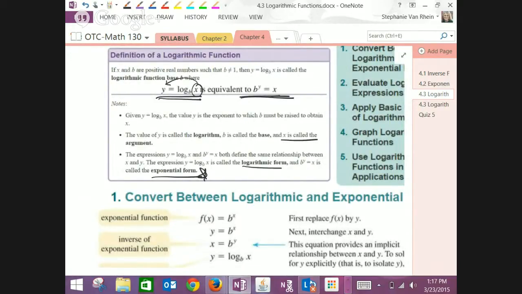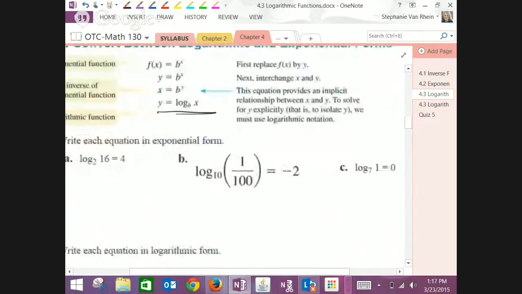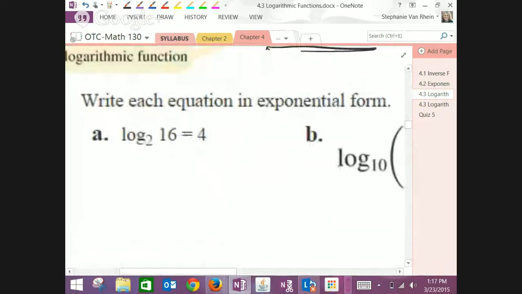The converting, they try to show you this by replacing it. Some books teach you to memorize X and Y and then flip them. I like to just think: log base 2 of 16 equals 4. Well, log base 2, the inverse would be 2 to a power, right?